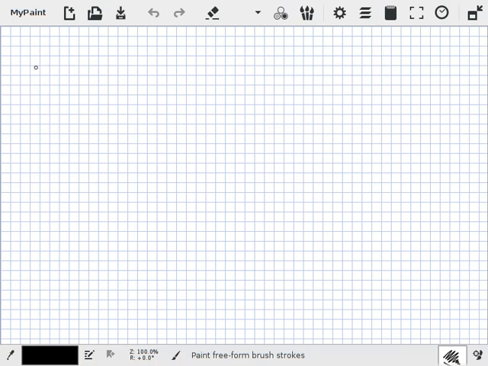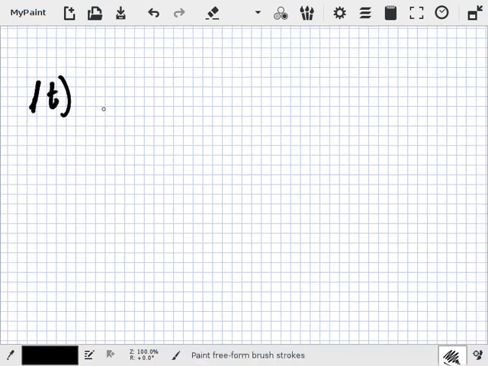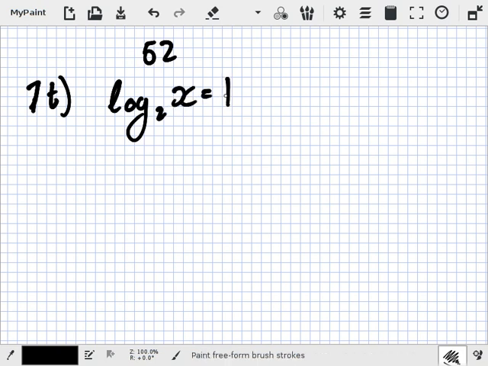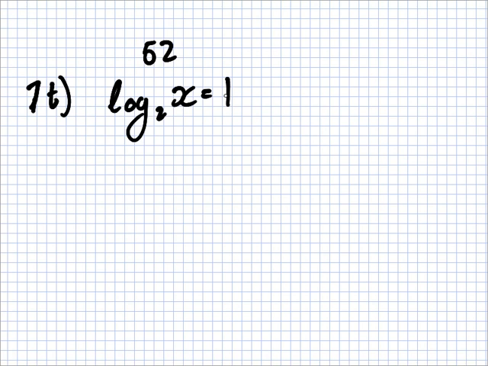Okay, so let's do 1T. This is on page 52. Okay, the question here, guys, come on.